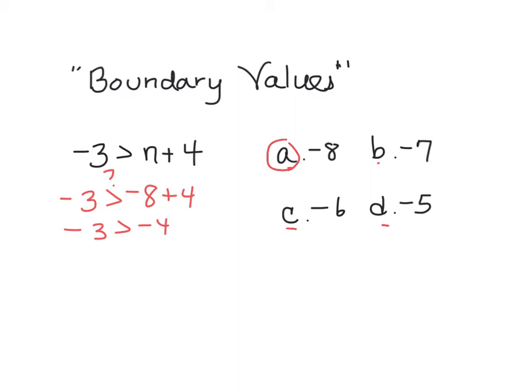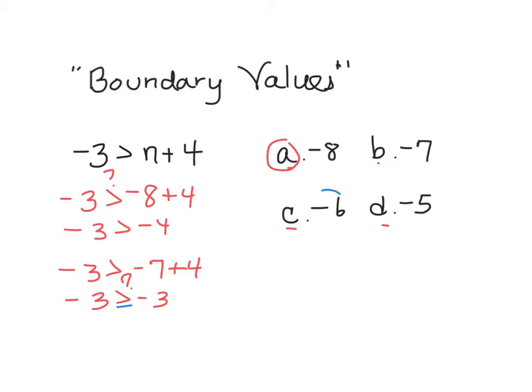How about negative 7? Is negative 3 greater than negative 7 plus 4? Well, here's where that inclusive versus exclusive will be important. That's negative 3 is greater than negative 3. Is that true? No, it's not. If this said greater than or equal to, then yes, we would also include the negative 7.